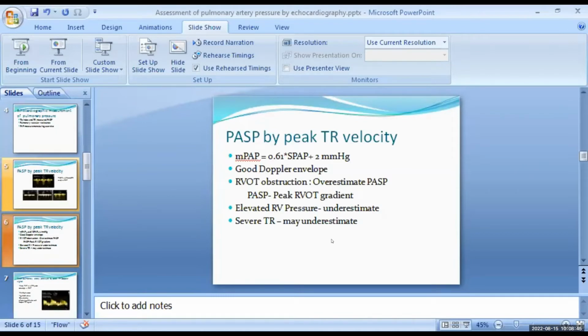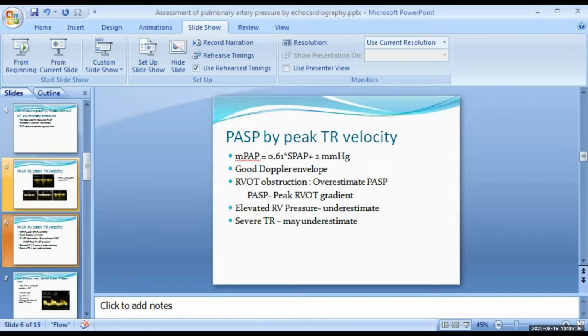Mean pulmonary artery pressure can be assessed from this pulmonary artery systolic pressure by using the formula 0.61 multiplied by the systolic pulmonary artery pressure plus 2 mmHg. A good Doppler envelope is the main prerequisite for this method.